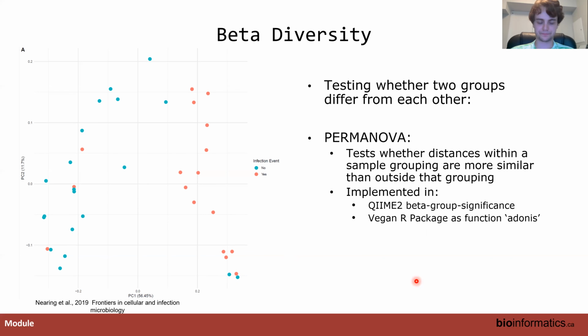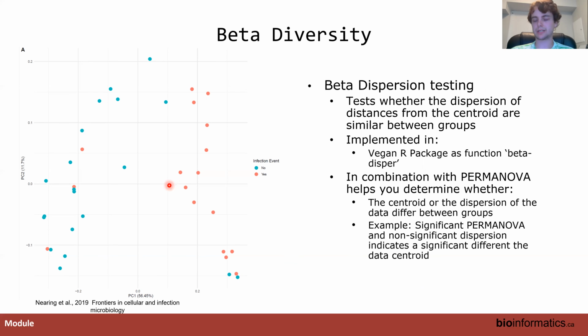PERMANOVA tests not only the location, so where the centering of the data is located, but also how well the data is dispersed compared to the other group. So one thing you should always complement your PERMANOVA testing with is a beta dispersion test. What a beta dispersion test does is test whether the dispersion from the centroid is similar between the same groups.